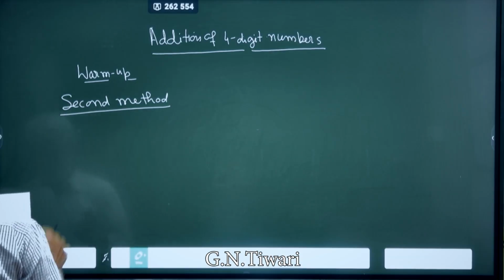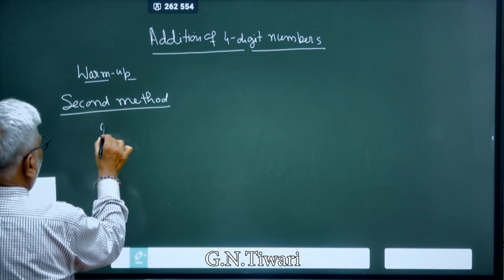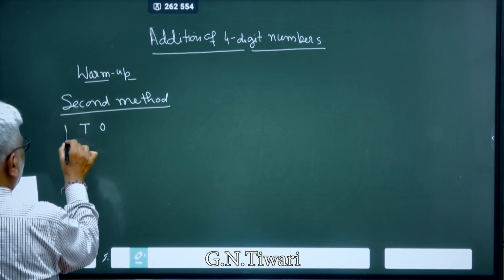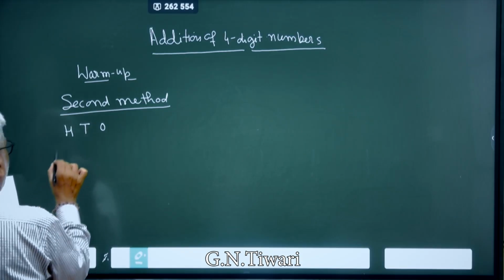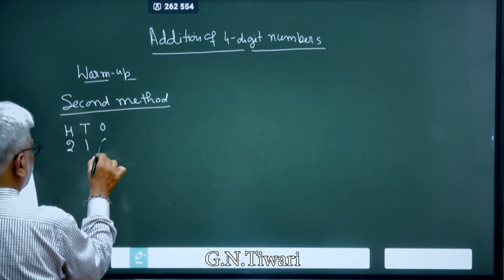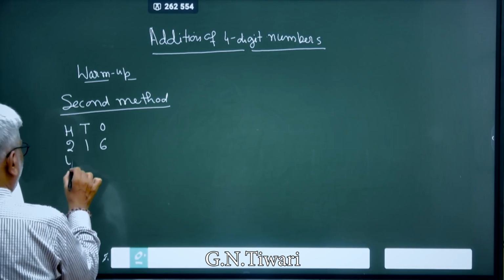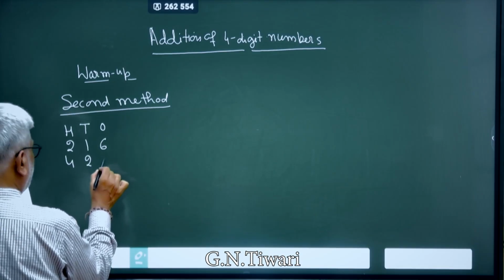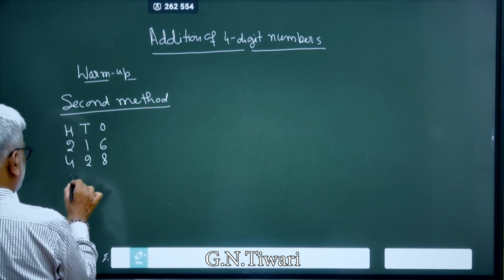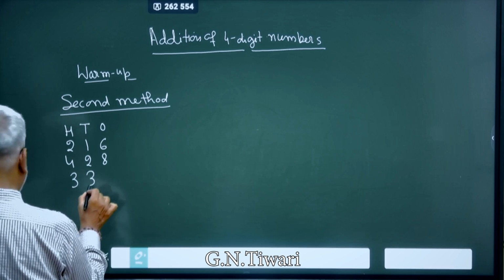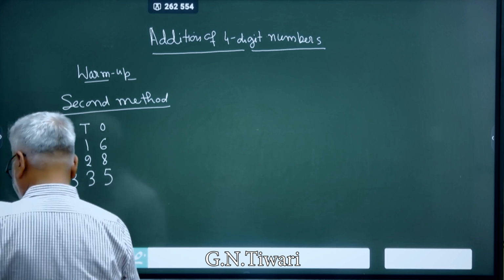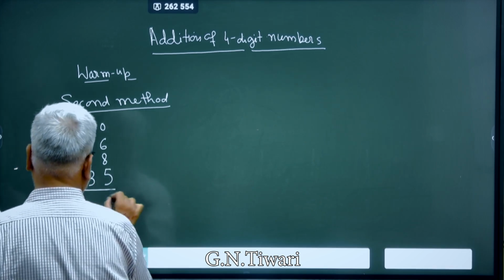Now your addition was O, T, H. Be careful. 2, 1, 6, 4, 2, 8 and 3, 3, 5. ये ऐड करना है.